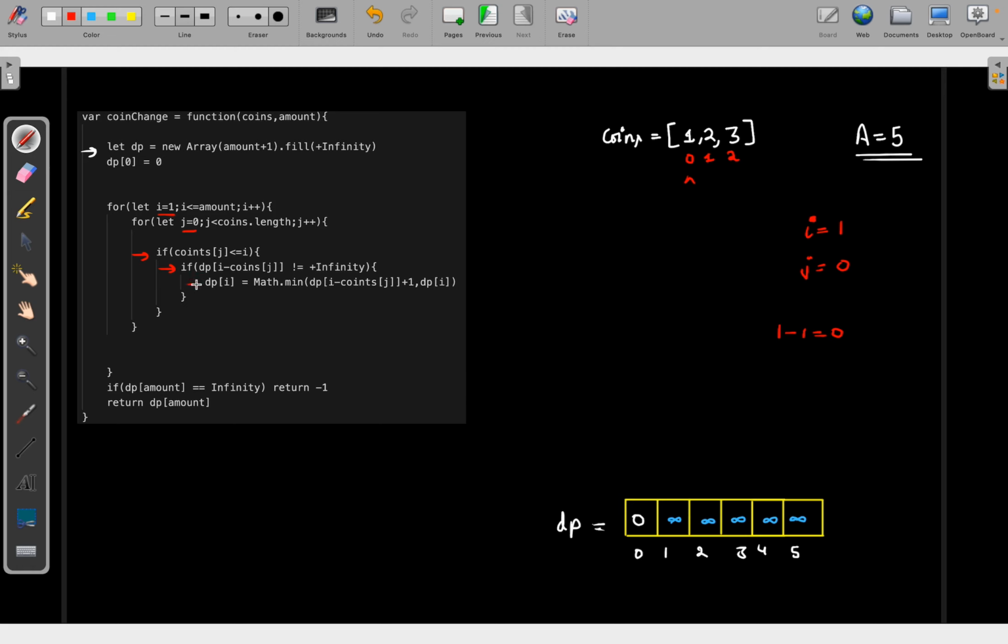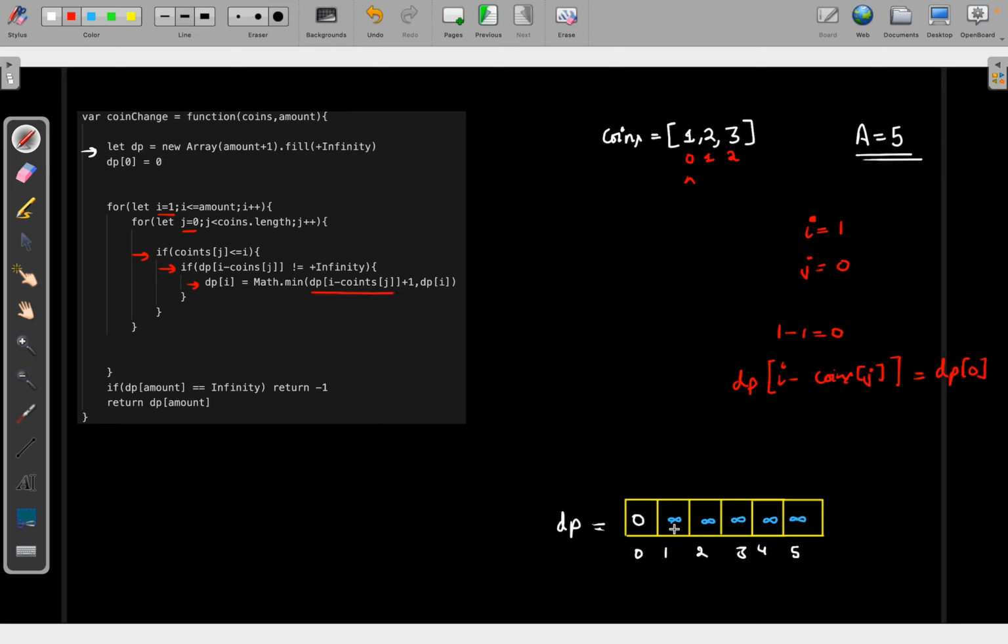So I will say dp of i will be min of dp of i and dp of i minus coins of j plus 1. So dp of i minus coins j is basically dp of 0, that is 0 plus 1.